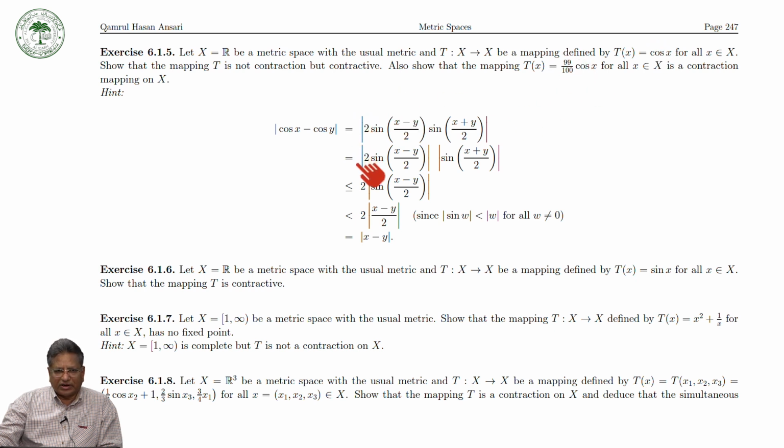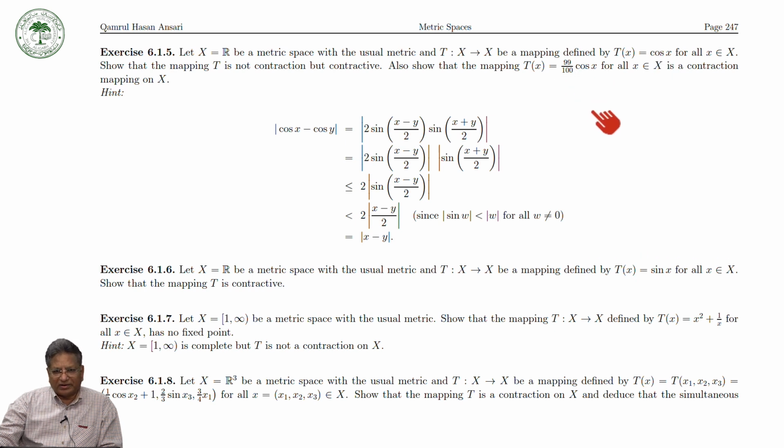So you will get 99/100, so it means that this is less than 99/100. So 99/100 would be the contraction mapping. Otherwise this is strictly less than 1. So this map is a contraction map, but this map is not. This map is contractive and this map is a contraction.